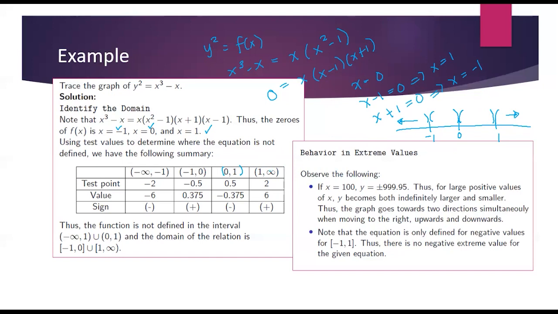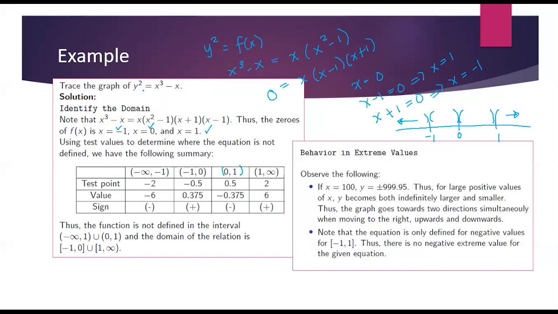We did not consider again negative 1, 0, and 1, because these values, when you plug in our equation, will give you 0. Our goal is to determine the values that will make your y negative so we can eliminate them.